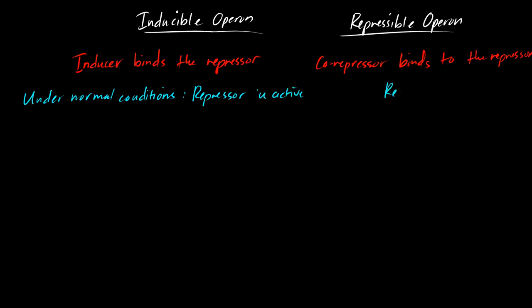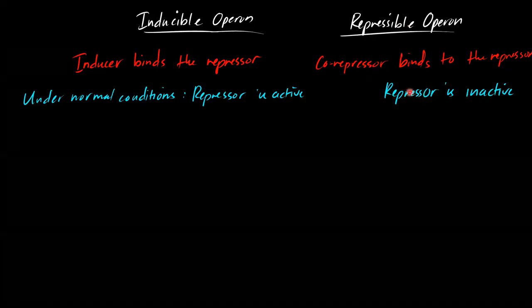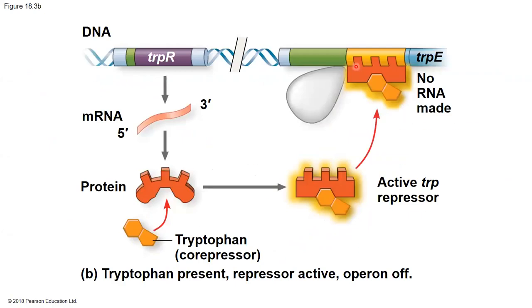Here, the repressor under normal conditions is inactive. It will be activated by the binding of the co-repressor. So in the repressible operon, the repressor is inactive, and in order to become active, it needs a co-repressor. Let me go back again here. The co-repressor is actually the tryptophan.